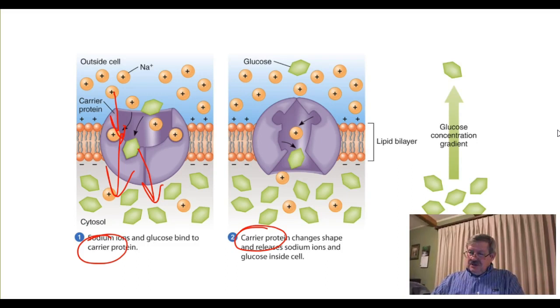So, the co-transport itself is not an active process, but somewhere in the system we have to have energy being used to maintain this abundance of sodium ions out here on the outside of the cell.